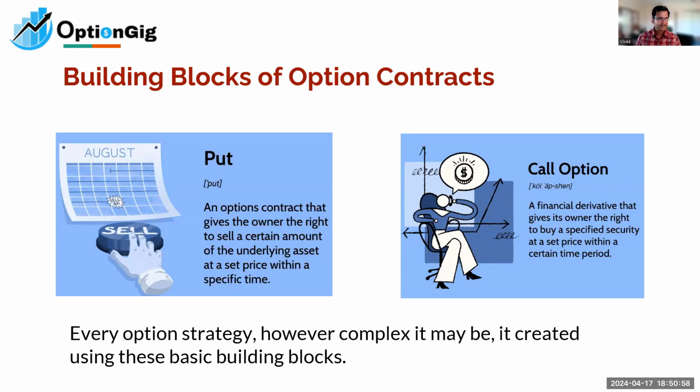As long as you understand what a put is, what a call is, you can construct any of those strategies, or any complex strategy can be broken down into puts and calls. These are the only two Lego blocks that we have to build an option house or even an option city. Okay, so it's important to spend time to understand these two very clearly.